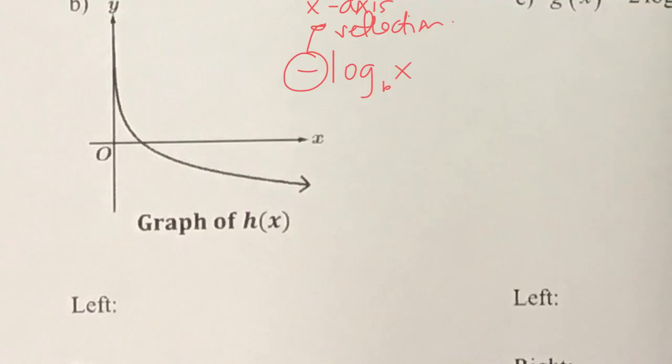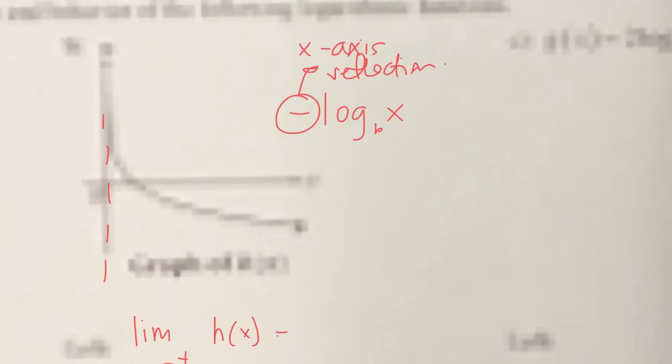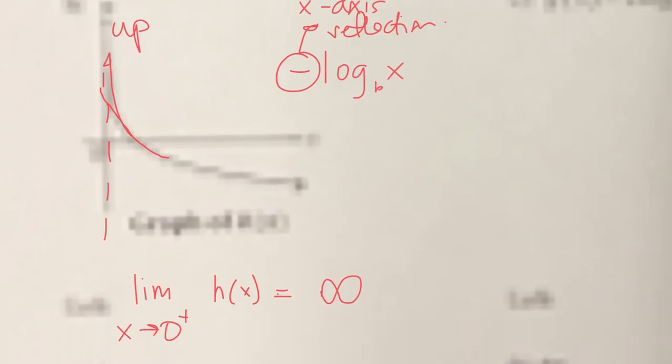Still we're looking at the limit as x approaches 0 from the right. That's still your left end behavior, your left limit statement. This graph still won't cross 0. As you go towards 0, the arrow points up, which means our limit is positive infinity. If the arrow goes up, it's to positive infinity.